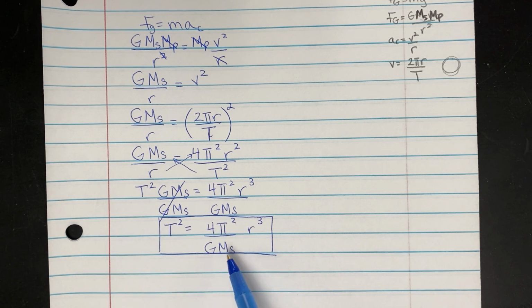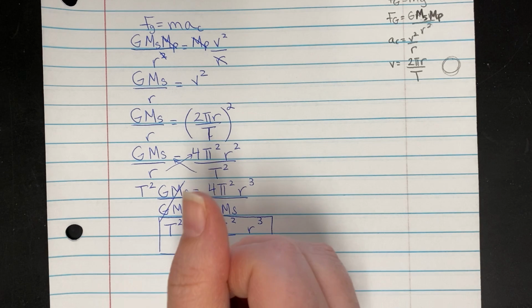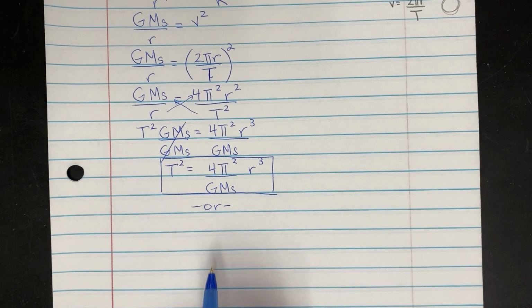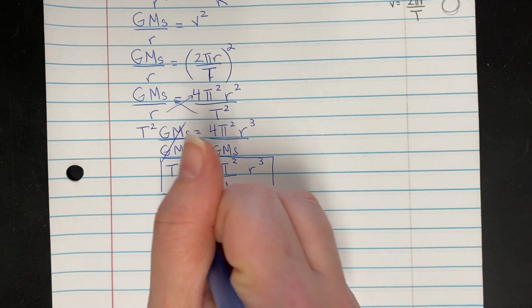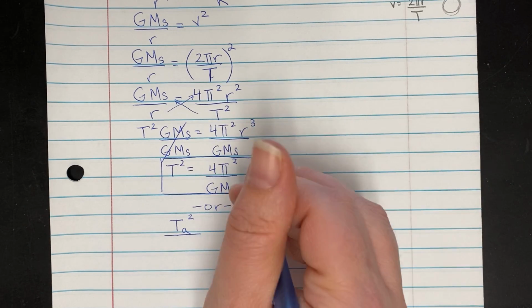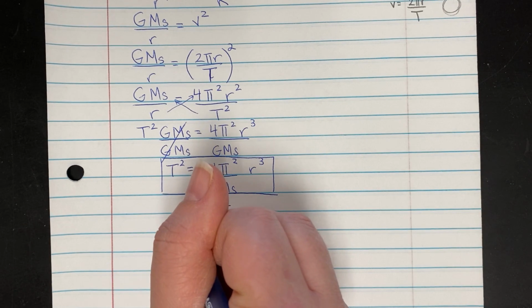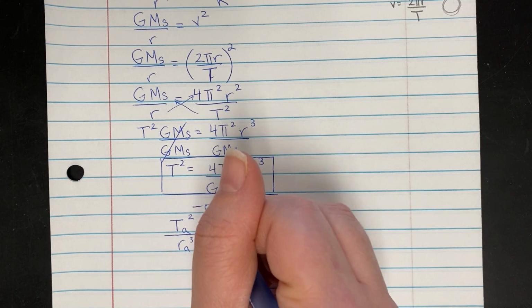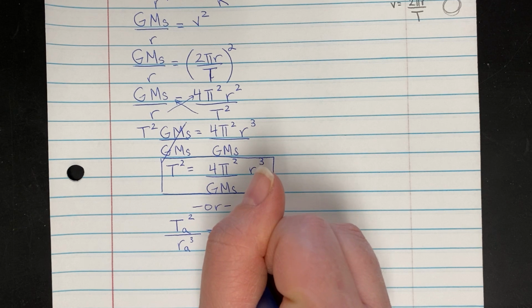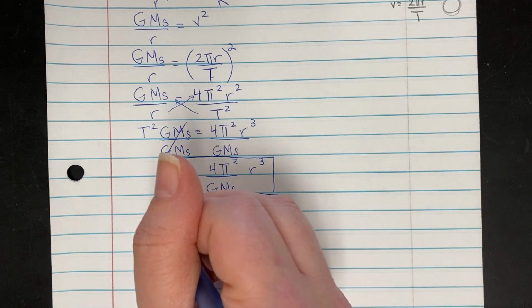It's not changing. So what we can do is write the law of periods a different way. Since this value is a constant, and I bring this over, I can say that the period of something, I'll just call it A, squared, divided by the radius of A cubed equals the period of B squared divided by the radius of B cubed.